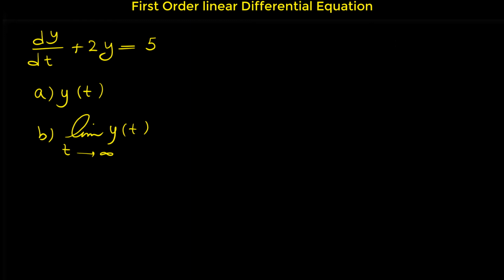The first step for solving this differential equation is to find the integrating factor. Integrating factor, which usually we show with mu, note that here it's not mu of x. In this question it's mu of t, because instead of variable x we have variable t. So mu of t is equal to e to the power of integral of p.